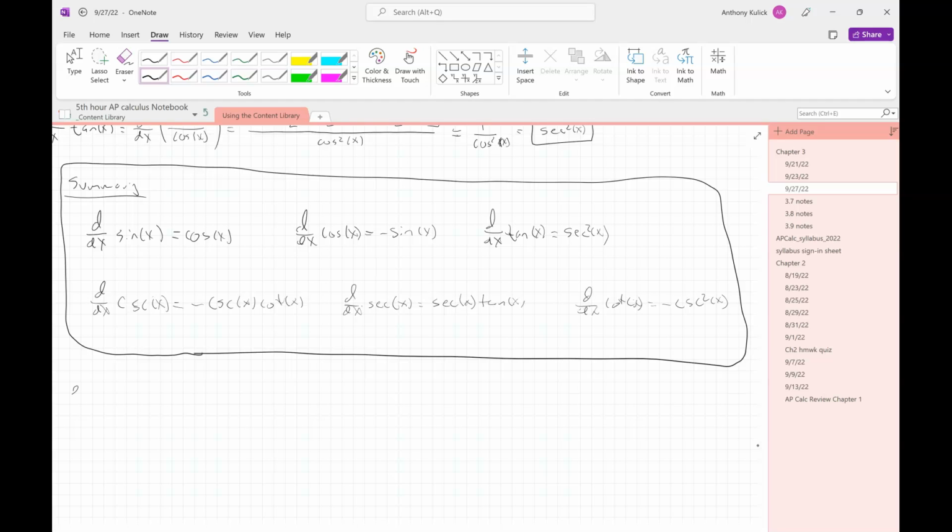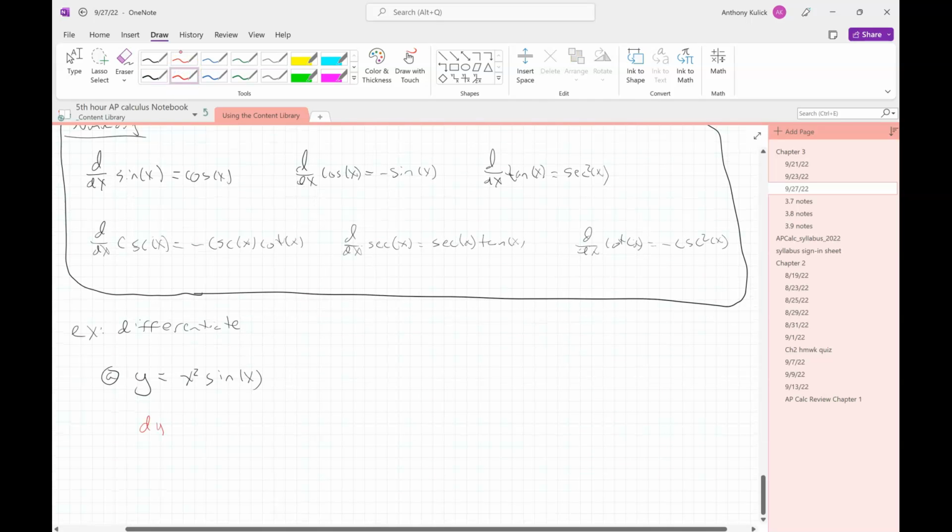So let's do a couple of examples. Let's just say we want to do some differentiating. Say the first one is y equals x squared times sine x. What do you notice here? Product property, excellent.